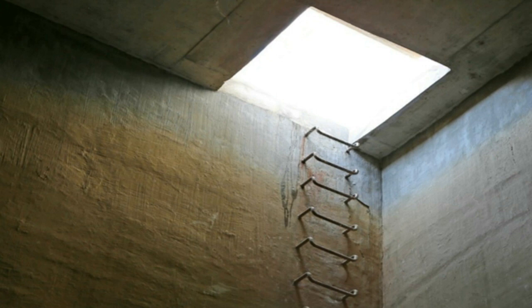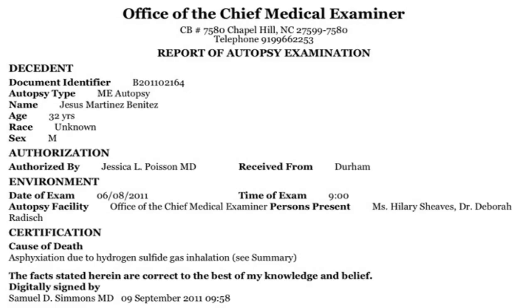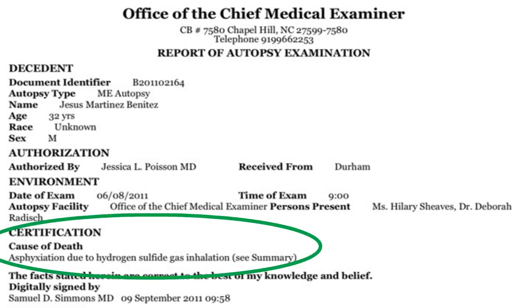But I got so far as to be the technical resource. The reporter asked me to look at the autopsy and explain asphyxiation due to hydrogen sulfide gas inhalation, which of course is a risk of underground tanks without proper testing.